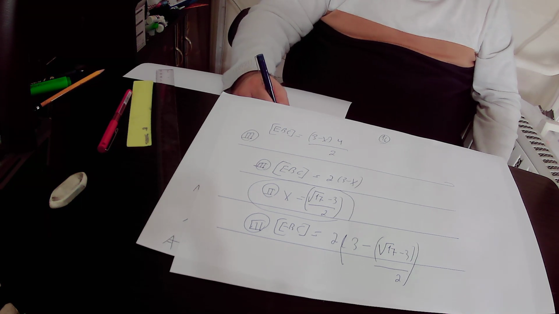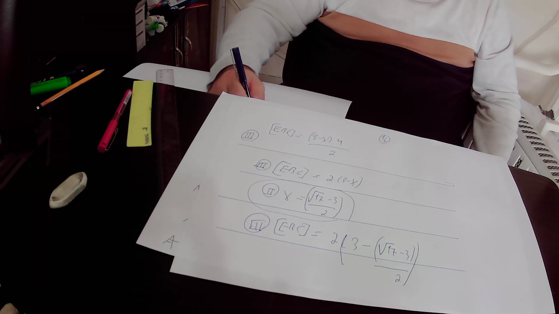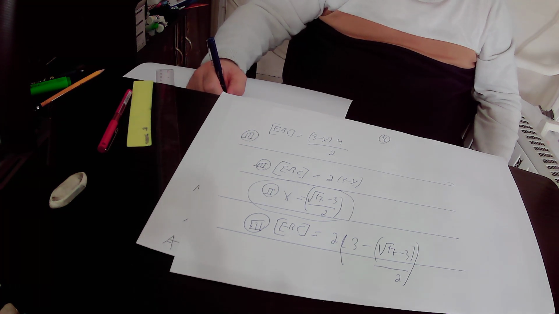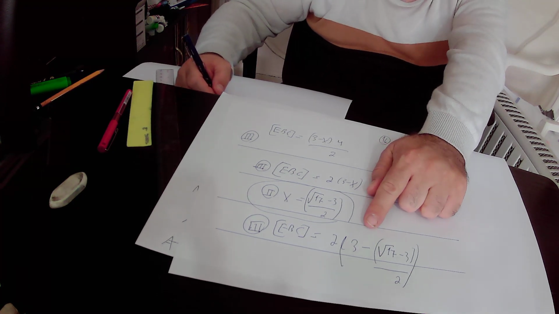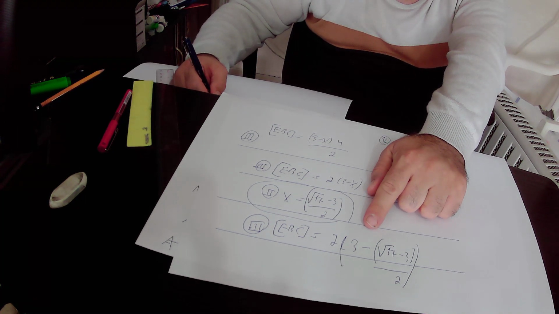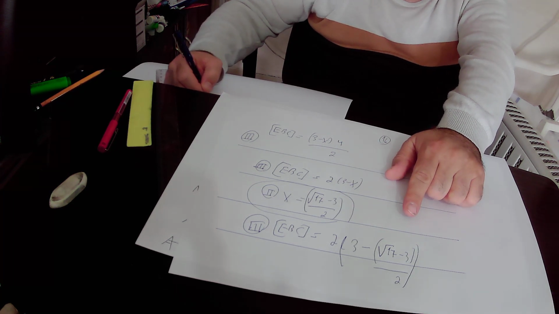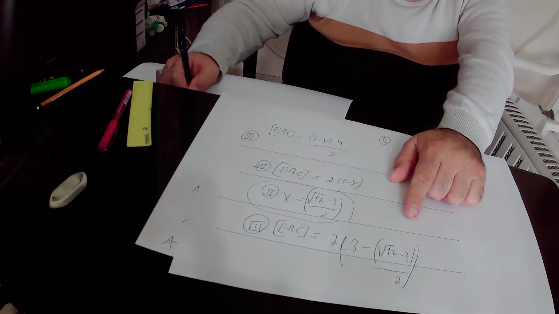We will get that the area of the green right triangle EBC, according to equation number 3, equals 2 times, so we multiplied 3 by 2, so 3 times 2 is 6, over 2, minus (square root of 17 minus 3).